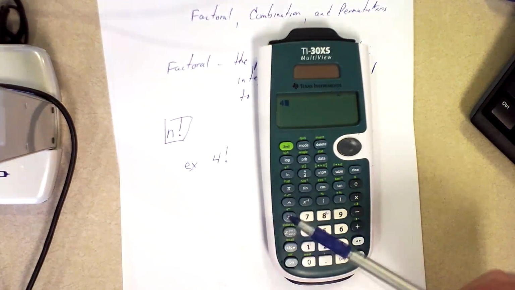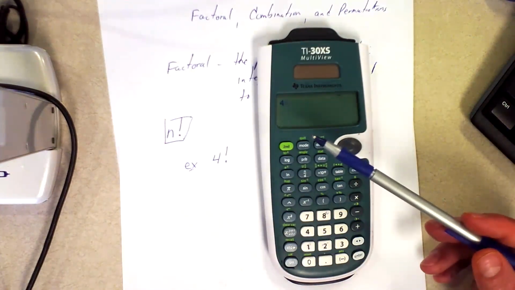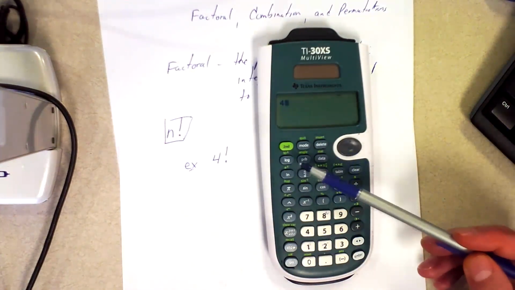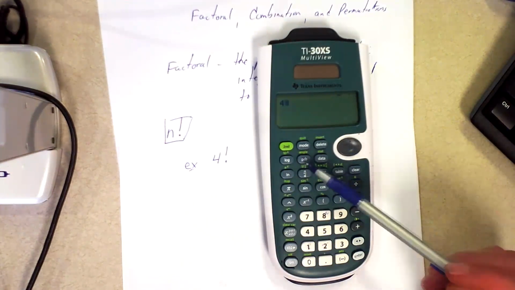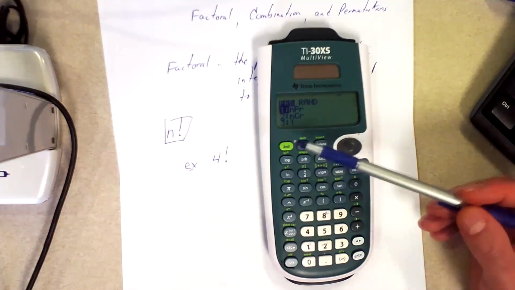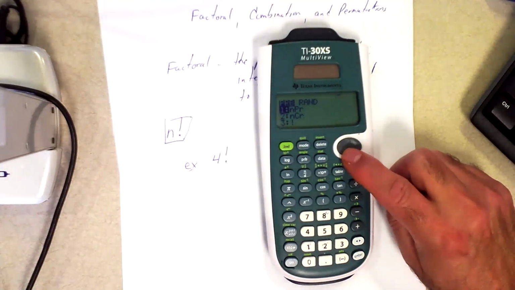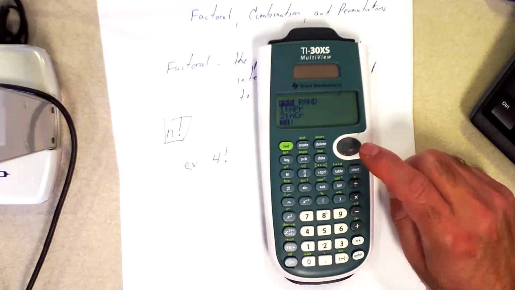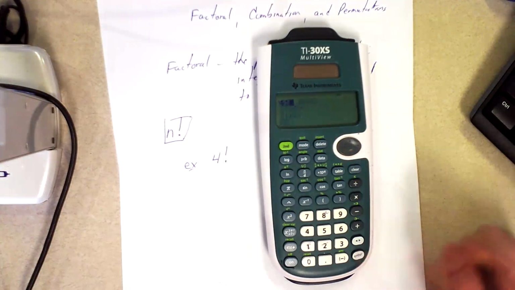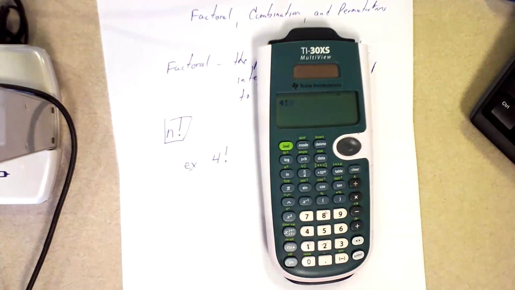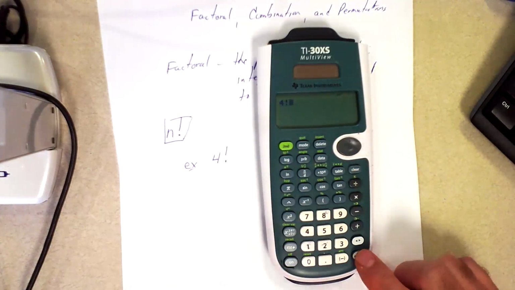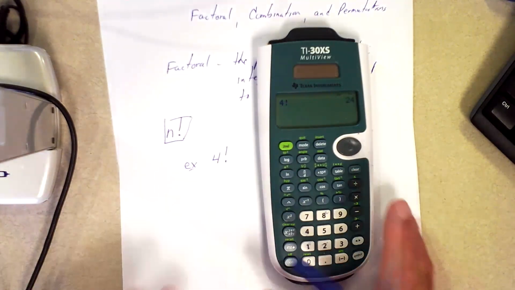To find it on your TI-30XS, you go to the PRB button right below the mode. It's located on the 3rd line down, so you move your cursor down 2 spaces and hit enter. There's your factorial, and you should get 24.